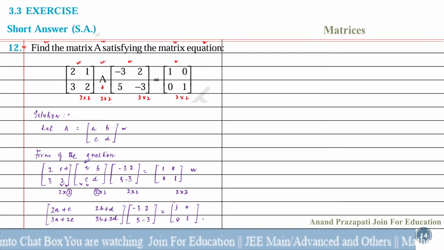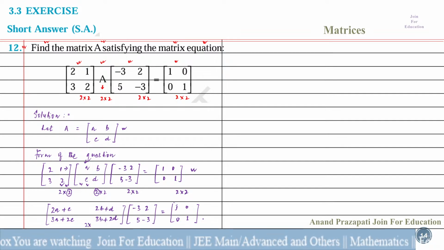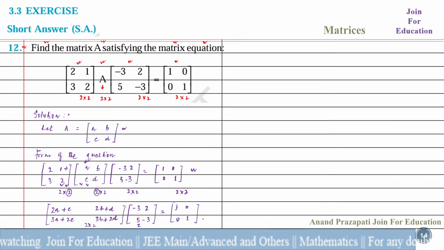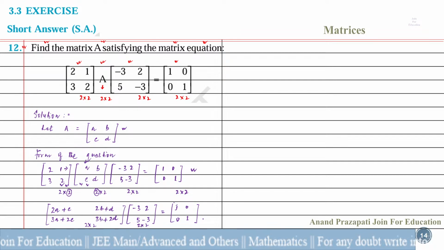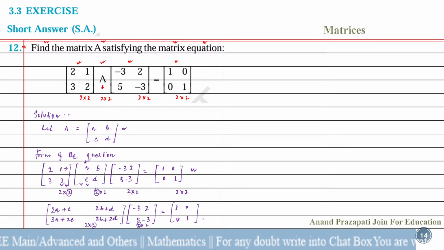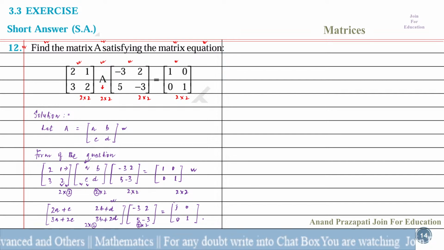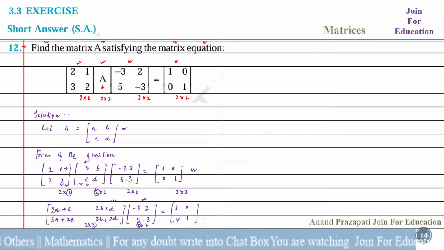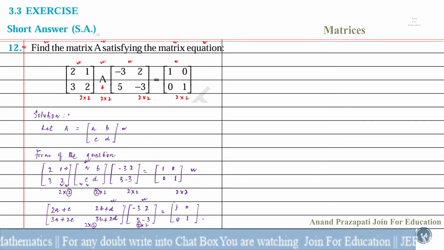So the order of this one is 2 by 2 and the order is also 2 by 2. So the column of this matrix is equal to the row of this matrix. Therefore this matrix and this matrix are eligible for the multiplication. So let's see.